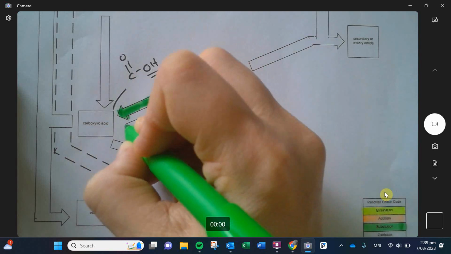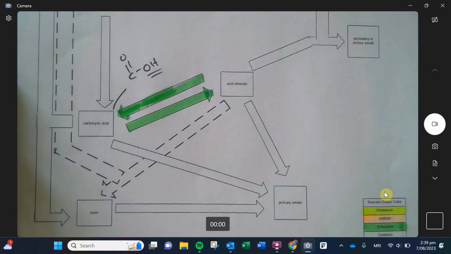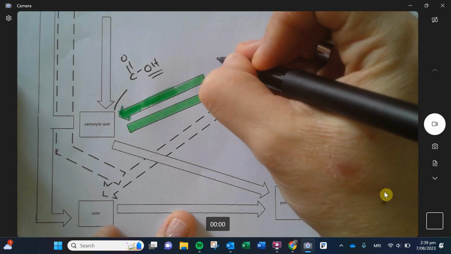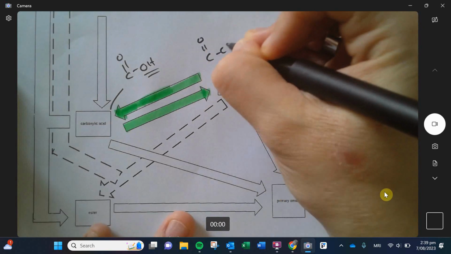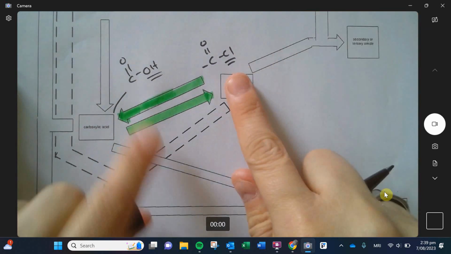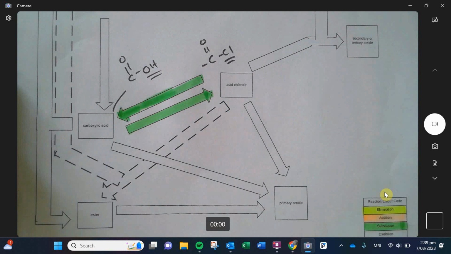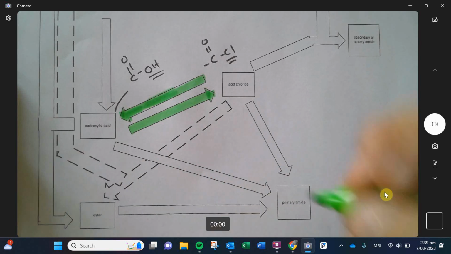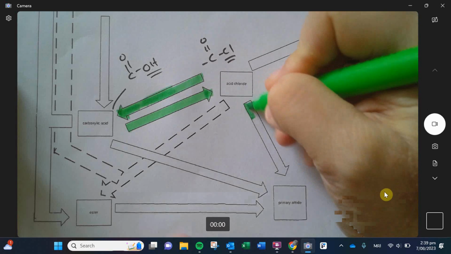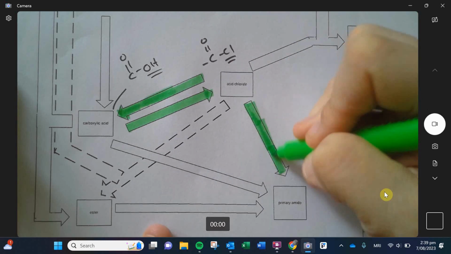If I go in the other direction, then I get my carboxylic acid back. So the acid chloride is that C double bond O, Cl. So those two are what's getting swapped around in that case. We could also have things substituted out for my carboxylic acid or my acid chloride for an amide. So that one's also a substitution reaction.